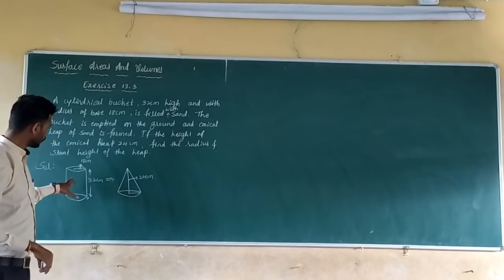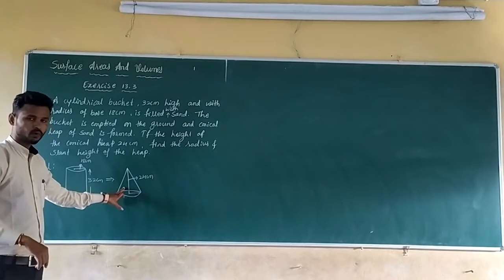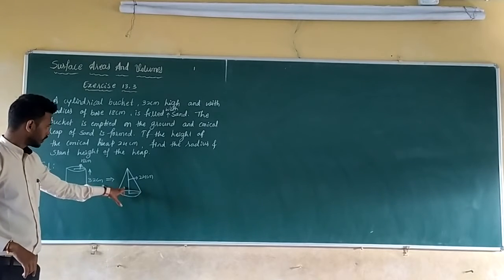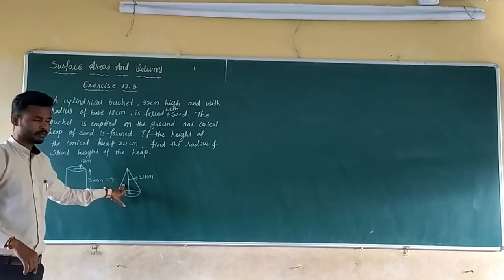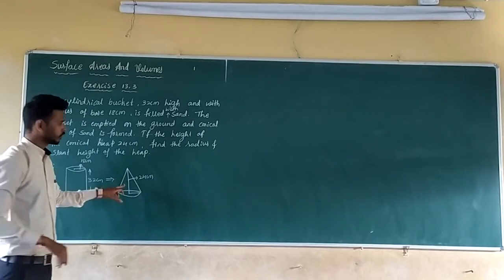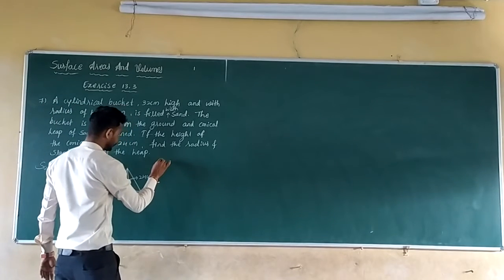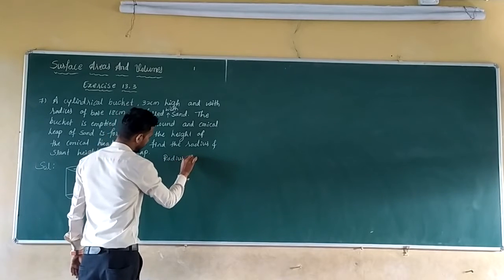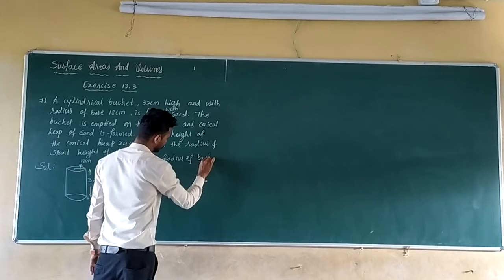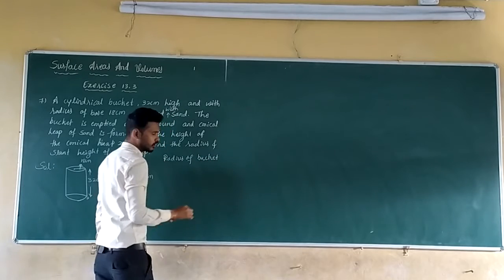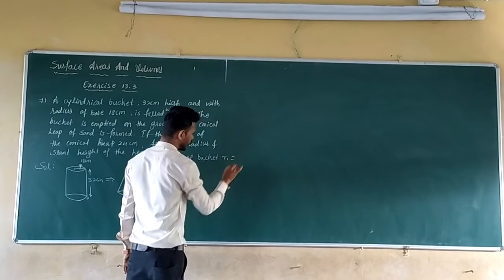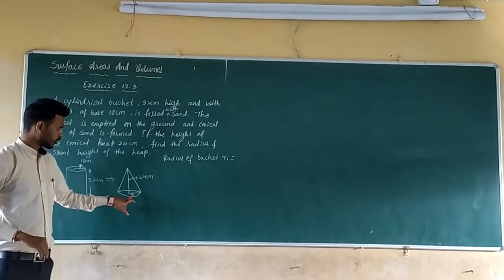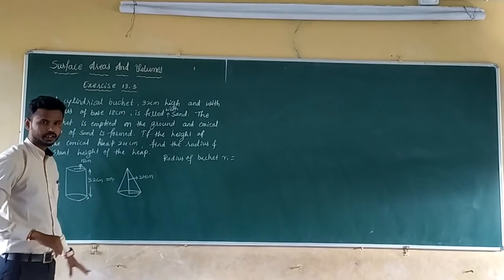So here the volume of cylinder is the same as the volume of cone. So then what can you write? Volume of bucket is the same as the volume of conical heap. So first of all, write the given. Radius of bucket, means cylinder. Let us represent that as R1, because the radius of cone and cylinder will be different.